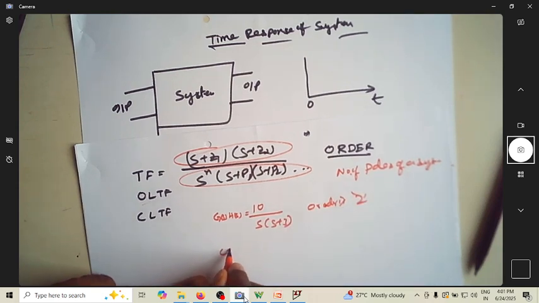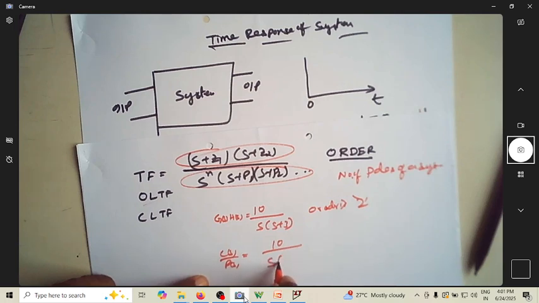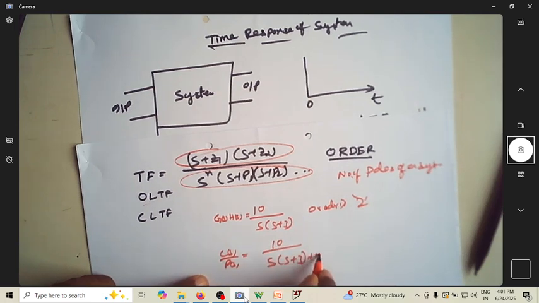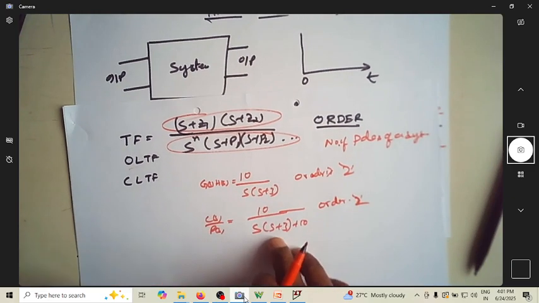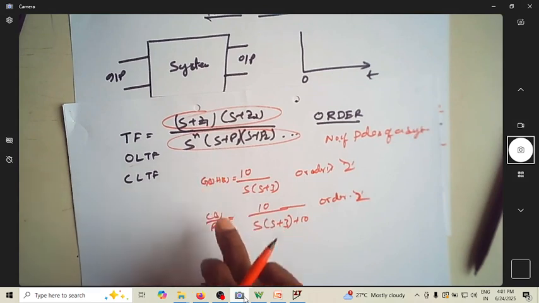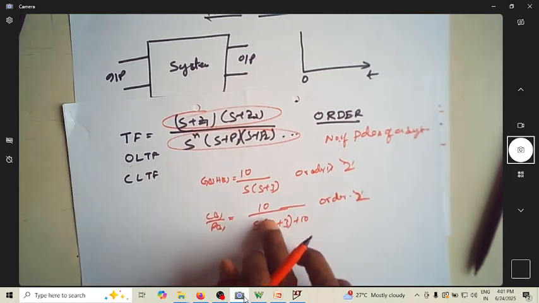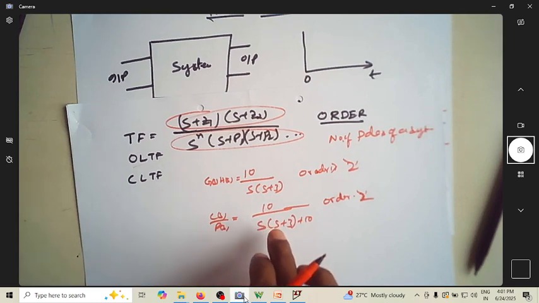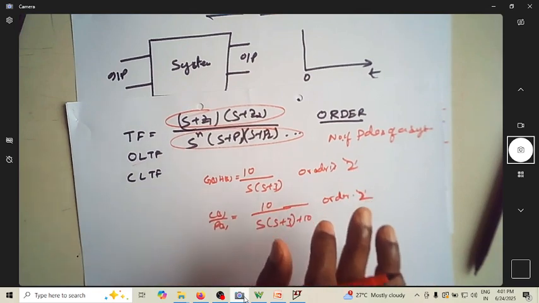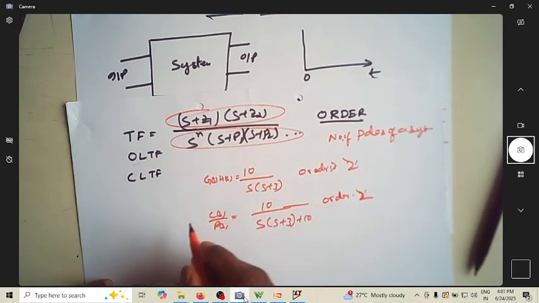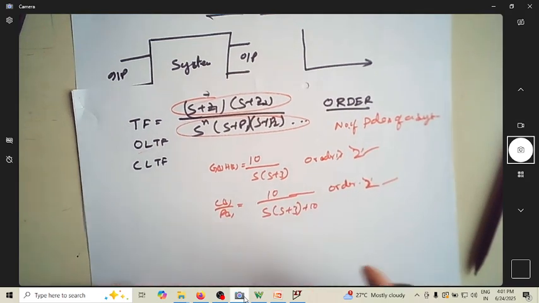Suppose you write C(s) by R(s) for the same, this will become 10 divided by s into s plus 3, plus 10. So what is the order of the system? Still the order is 2. So the order of the system doesn't change between the open loop and closed loop transfer function. The number of poles in the denominator remains the same. Their positions are different, but the number remains the same. That's why this is the order of the system.